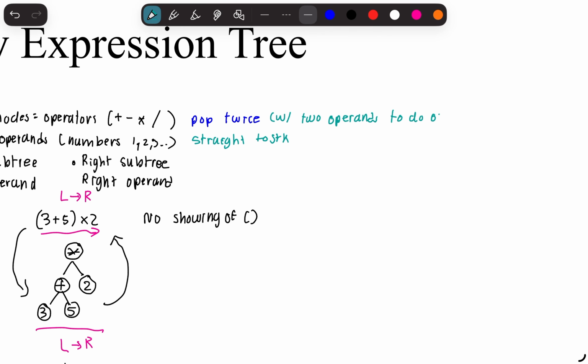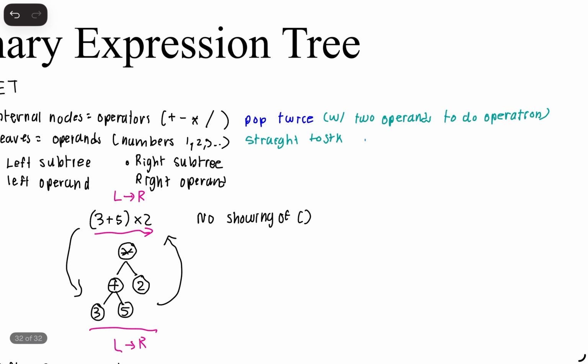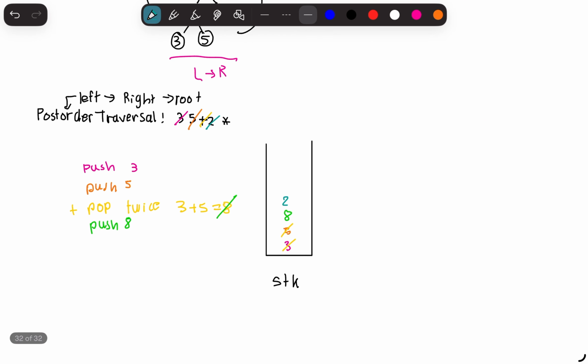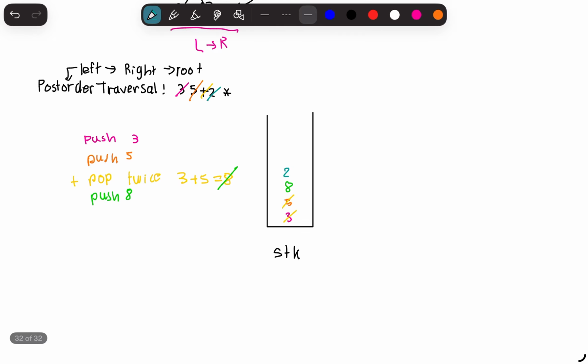After you do that operation, you get a result, and you push that onto the stack again. So you have your 2 right here currently on the stack on top of 8. So this is your stack, your 8 and 2.